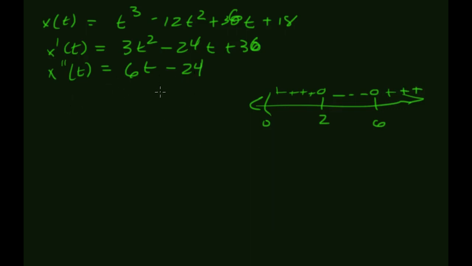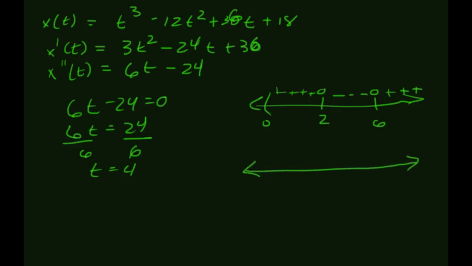For the second derivative, 6t minus 24 is 0, so 6t is 24, divided by 6, t is 4. So this is the first derivative, and the second derivative is changing sign only at 4.